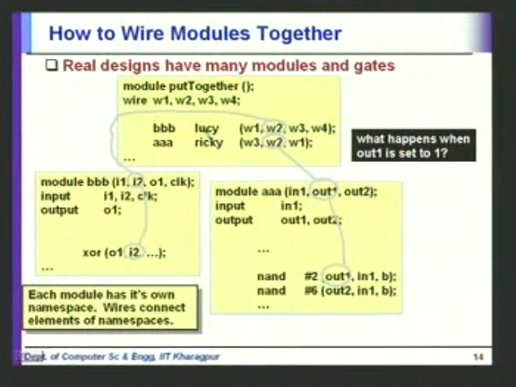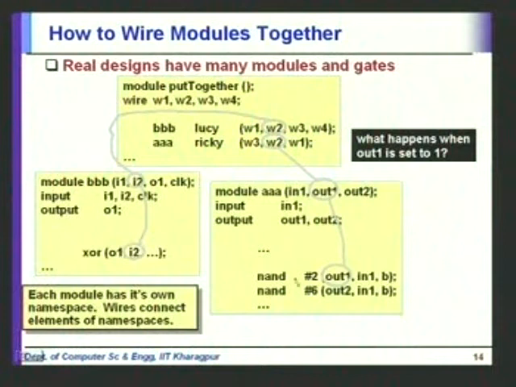So this W2 is then seen as an input change in module BBB, and that is going to change the input of this XOR gate and may actually change O1 also.